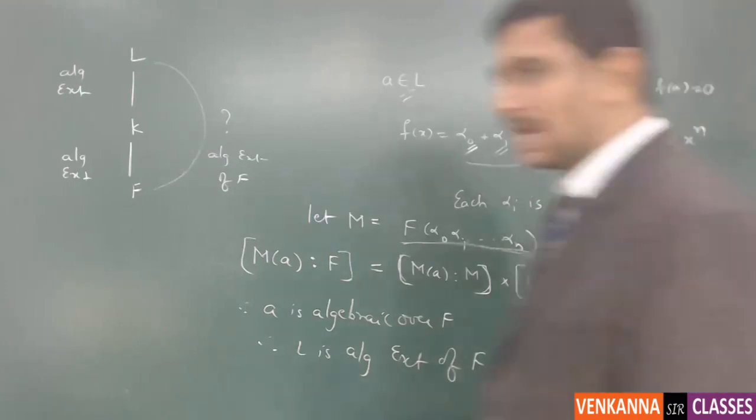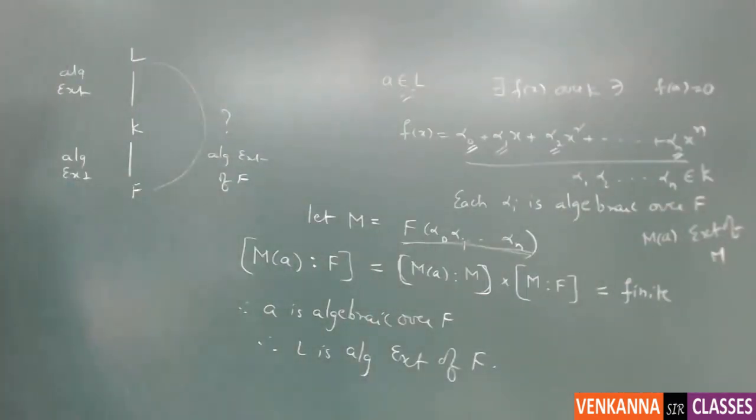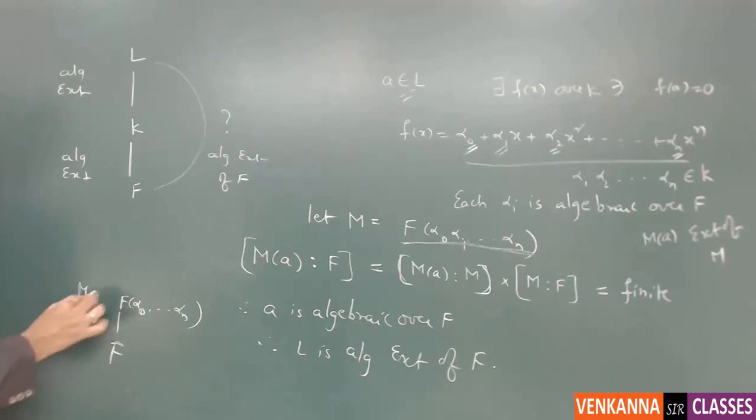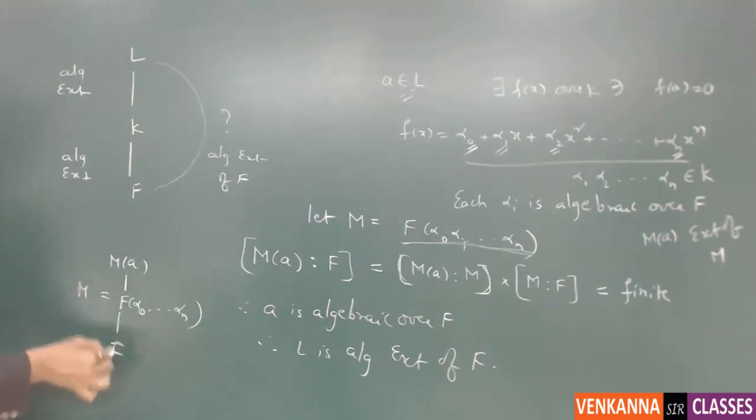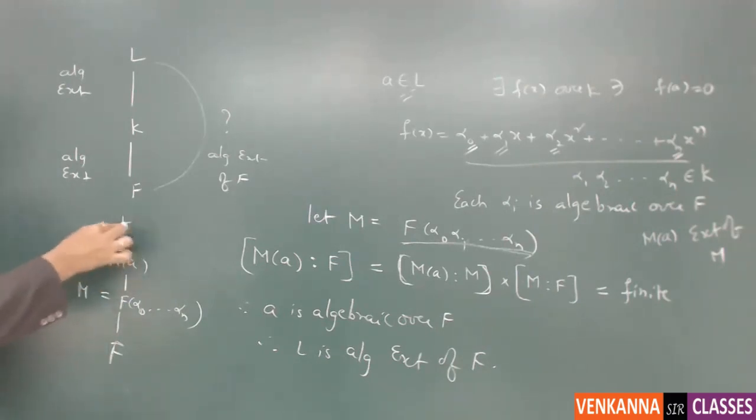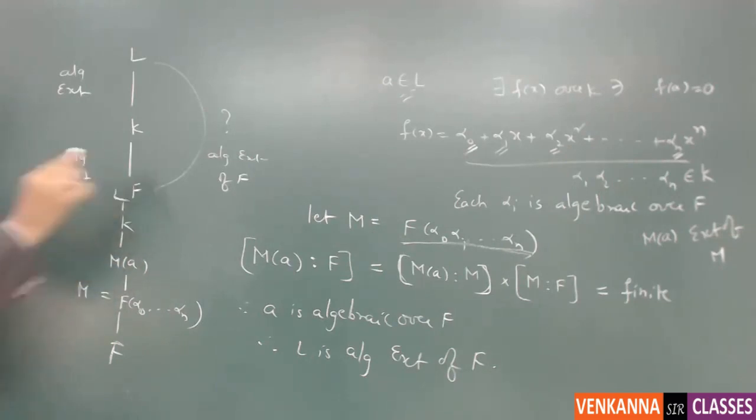So if you draw the hierarchy, it will come like this. F, then F of alpha naught, alpha 1, and so on, alpha n, which is taken as M. Here I have taken M of A. Now I have considered the hierarchy like this. So then you will get k, then you will get l. This is the hierarchy.